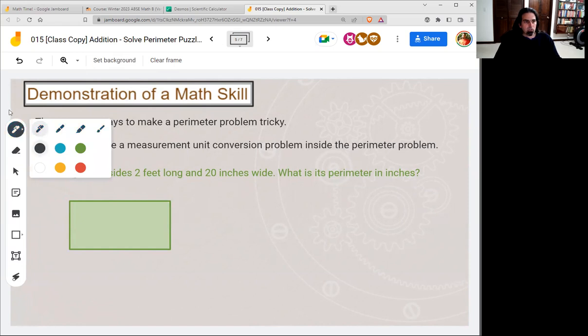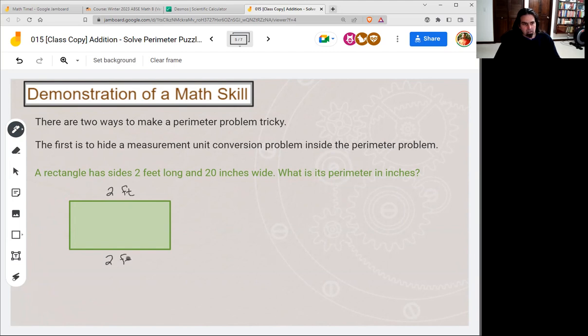The sides are 2 feet long. And 20 inches wide. What is the perimeter? So my problem is as I go around, I have apples and oranges.